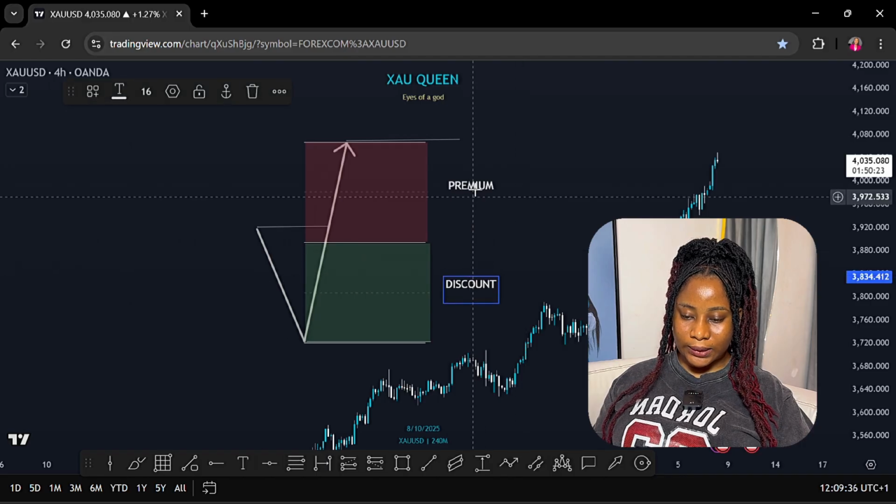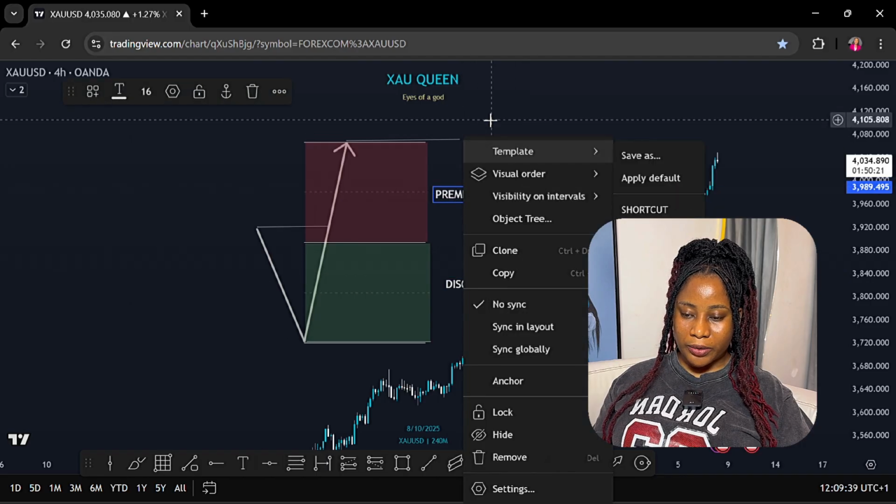So this is our discount area, while this is our premium area.